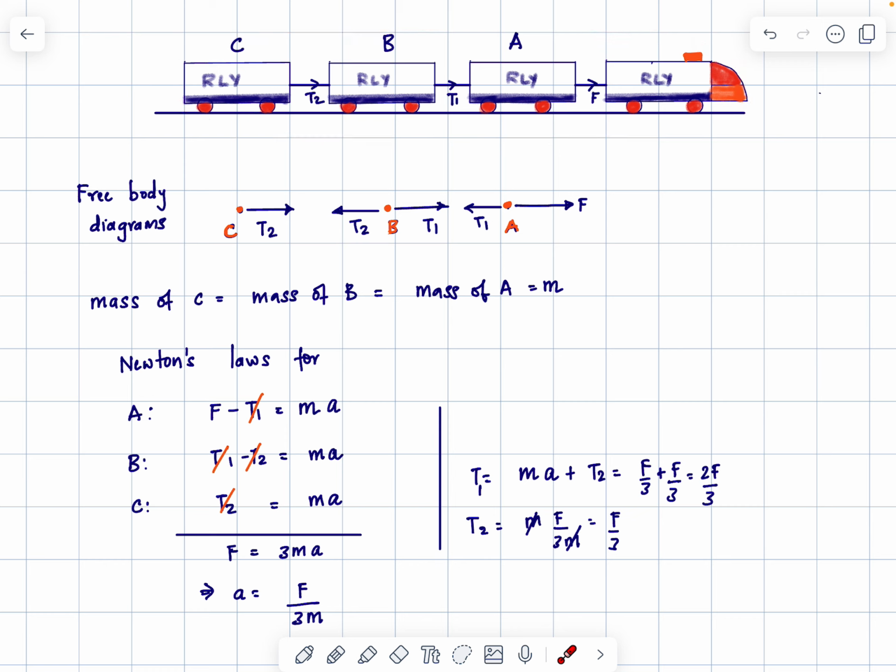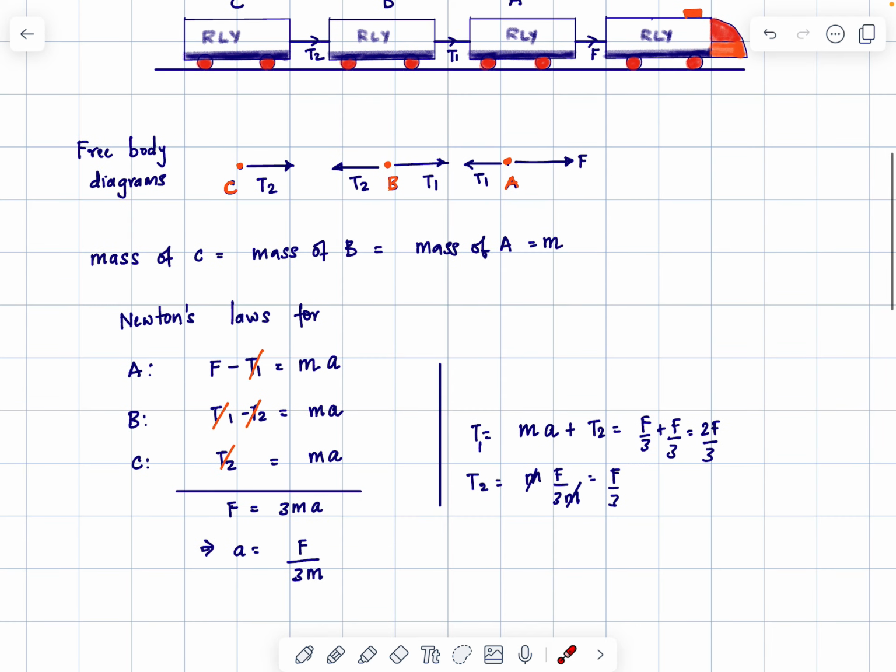So all these cars and the locomotive are moving in tandem. Okay, that's what happens in the very beginning. Here we assume that all the cars A, B, and C are moving in tandem with the locomotive. We also assume that the mass of C equals mass of B equals mass of A equals m.